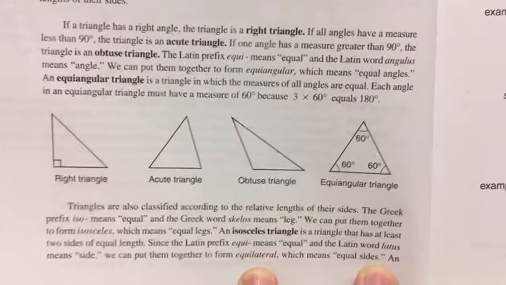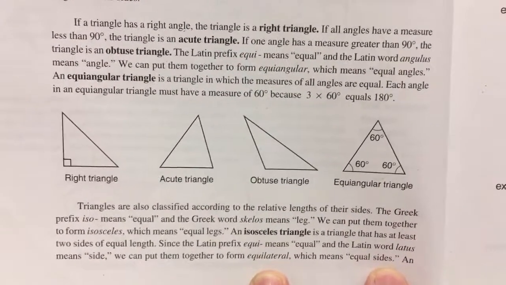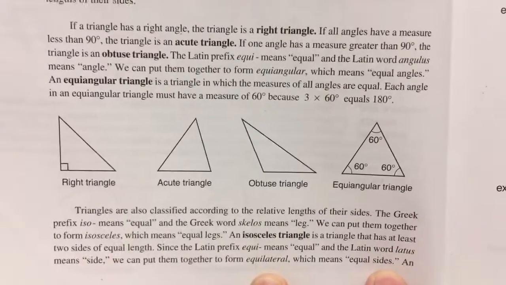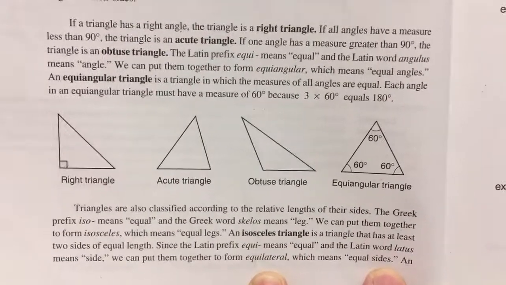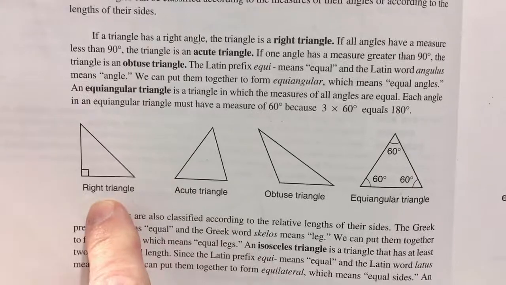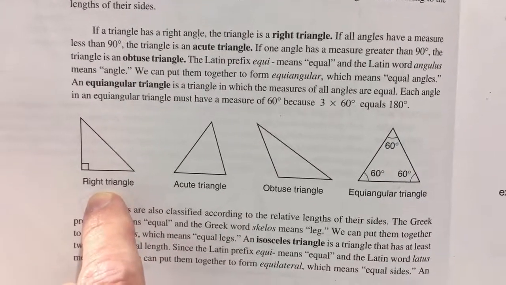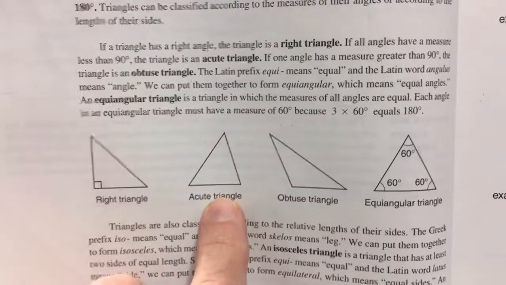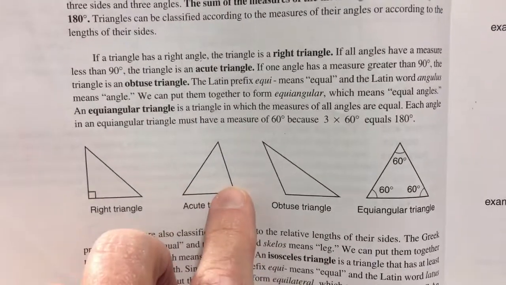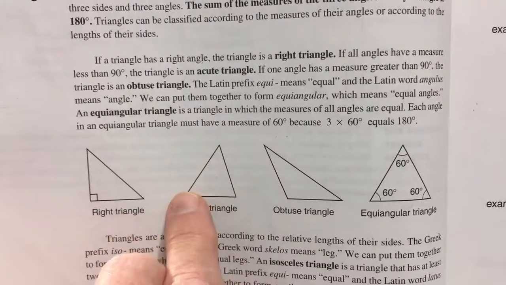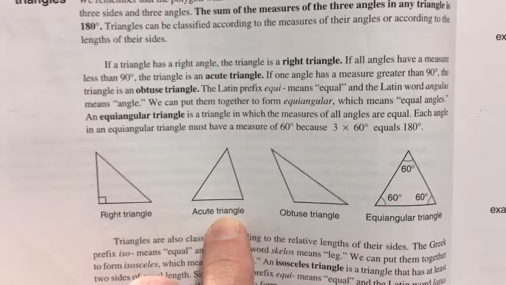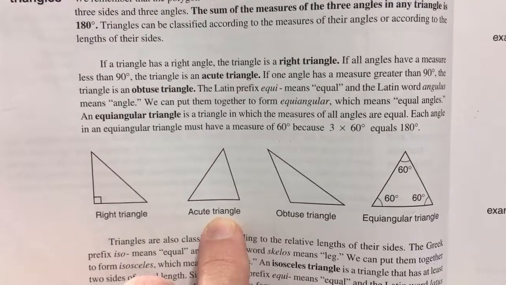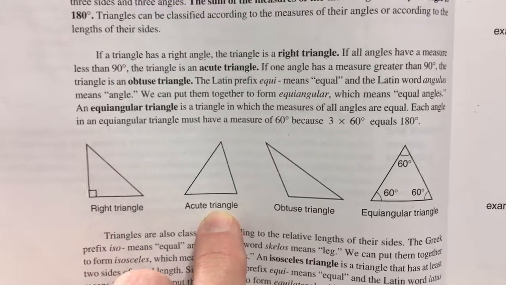This little segment down at the bottom of page 6 is very important. Here we're talking about special types of triangles. A triangle with one right angle is called a right triangle. An acute triangle has every angle less than 90 degrees, so all of the angles are acute.